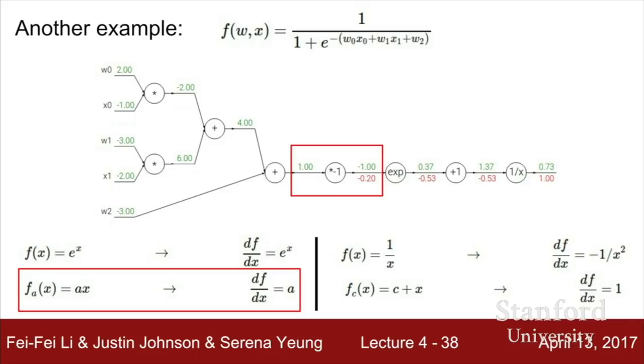It's minus 1, exactly, because our local gradient, df over dx, is a, and the value of a that we scaled x by is negative 1 here. So the gradient is negative 1 times negative 0.2, and so our gradient is 0.2.